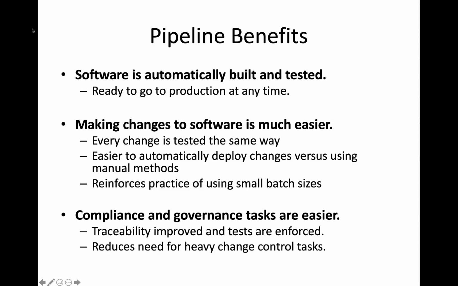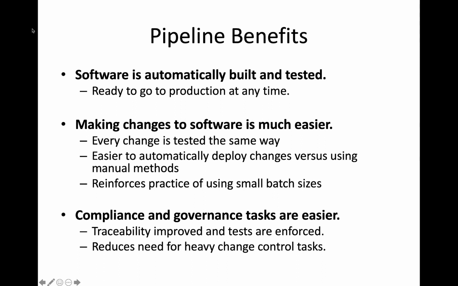What are some of the benefits of a software delivery pipeline? Well, the key benefit is that the software is automatically built and tested throughout the different stages in a pipeline. And the idea behind continuous delivery is that we're always trying to produce working software that can be deployed into a production environment at any time.